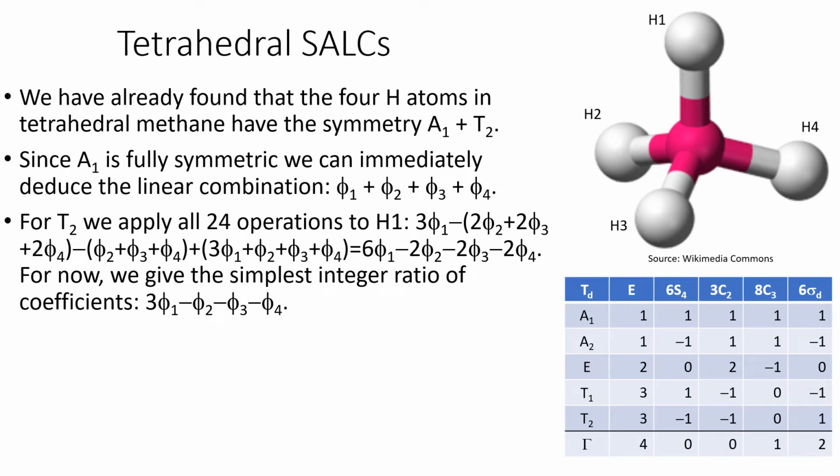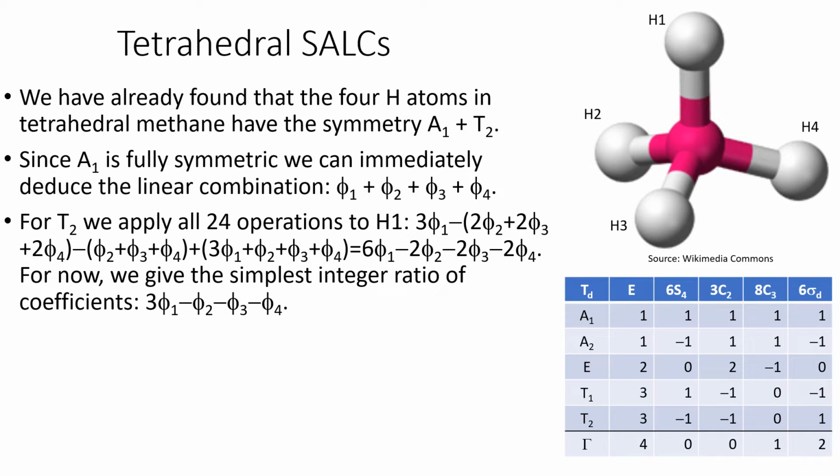6S4. So if we took the hydrogen atom H1, we have to think, how is that going to behave under S4? Well, if you think about it, the X, Y, and Z axes are all going to point in between these atoms.